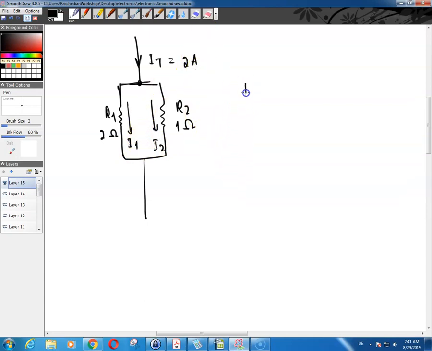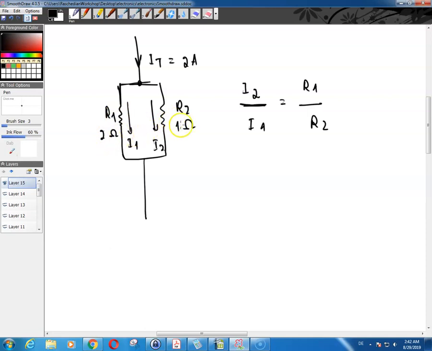So we said that I2 to I1 is equal to R1 to R2. In this circuit, R1 to R2 is a ratio that I already have.